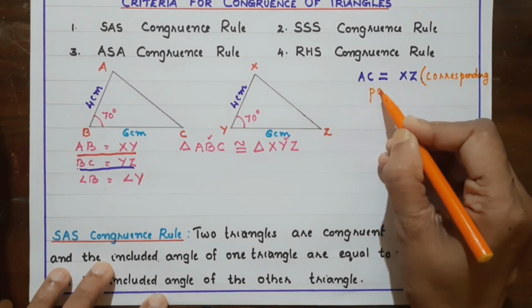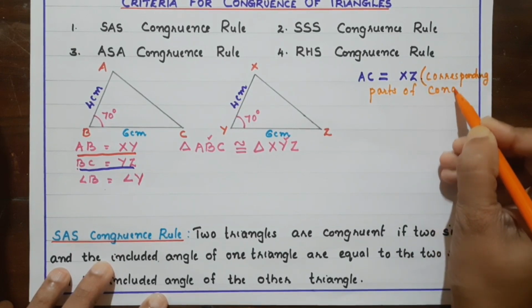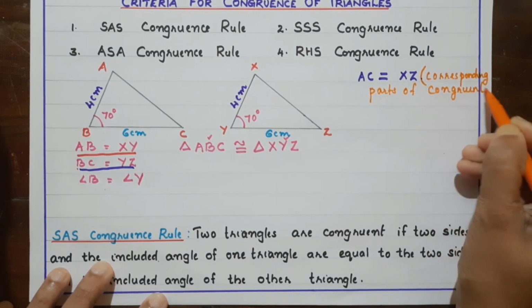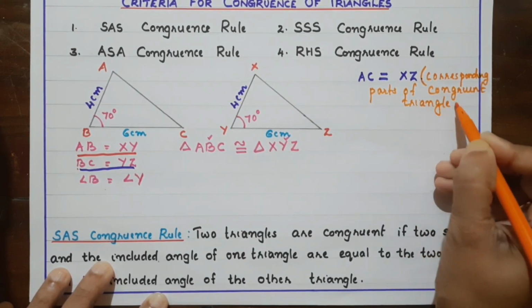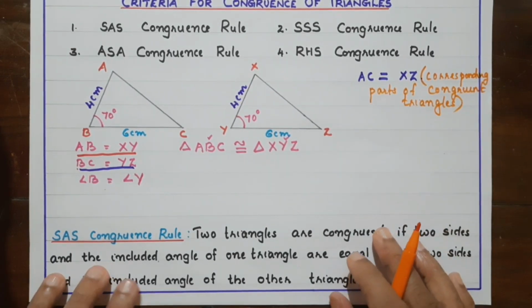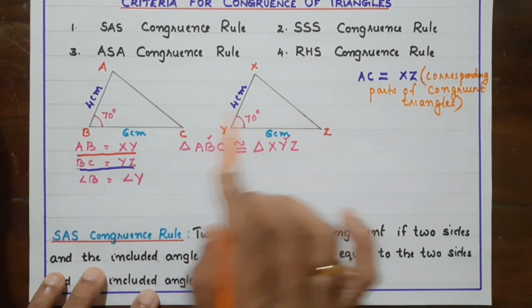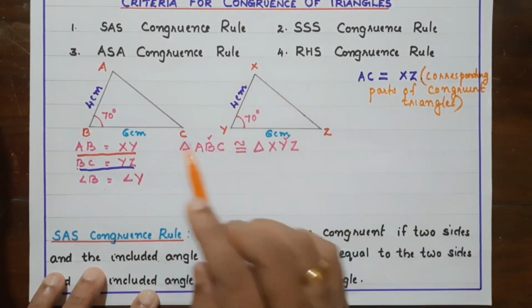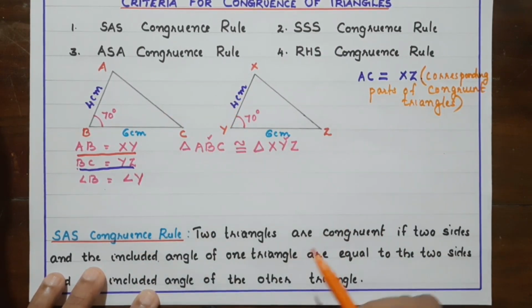Okay, so we can say AC equal to XZ because they are corresponding parts of congruent triangles. Okay, while doing problems, you may have a question like this. To prove two triangles are congruent, and then you have to prove the sides or angles of those two triangles are equal.